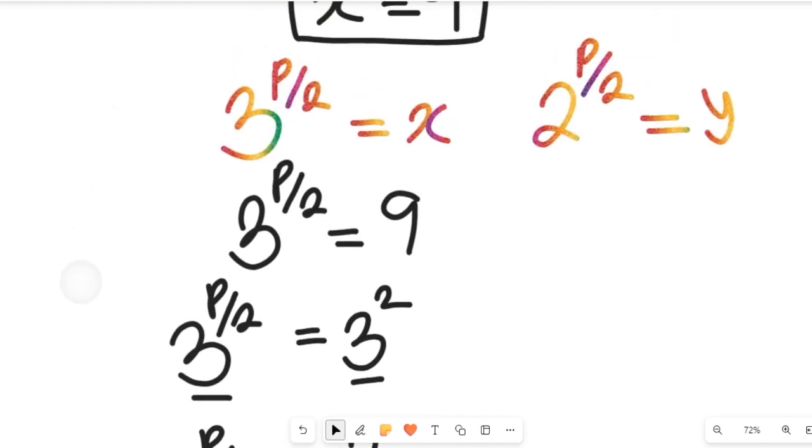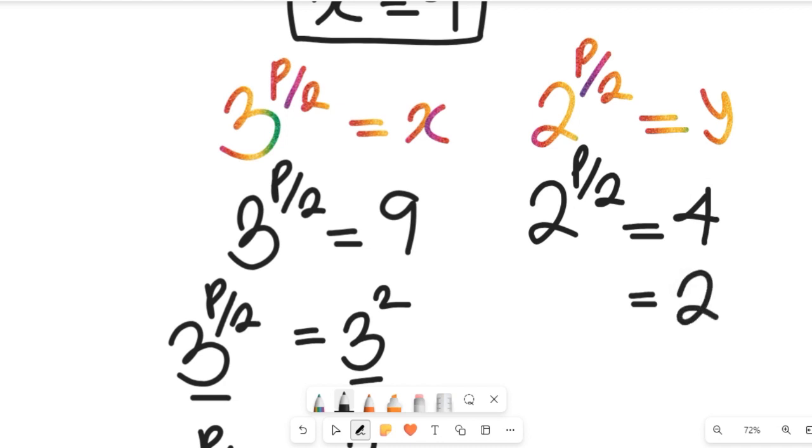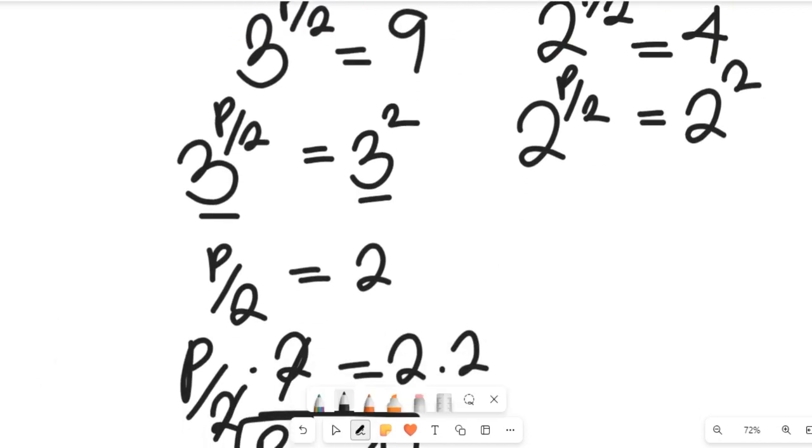Now on this other side, what would the value of p be? We have 2 to the power of p divided by 2 equal to our y, which is equal to 4. So our 4 can be equal to 2 to the power of 2, and then we'll have 2 to the power of p divided by 2. So since we have the same base, the powers or exponents will equate.